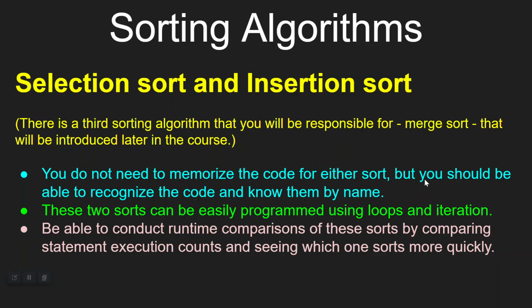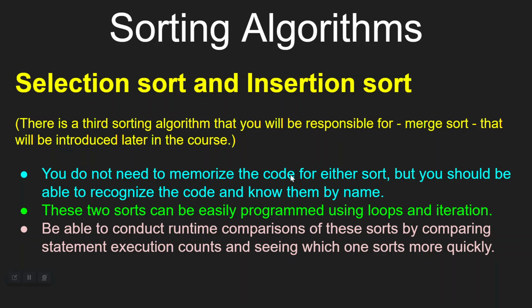So if you see the code for a selection sort, you should know, oh, this is the selection sort. I know how this works. And the same thing for the insertion sort. If you see the program code for it, you should recognize it. You should be able to say, oh, this is the insertion sort, and you should have a general sense of how it works. These two sorts can be easily programmed using loops and iteration, as you'll see.